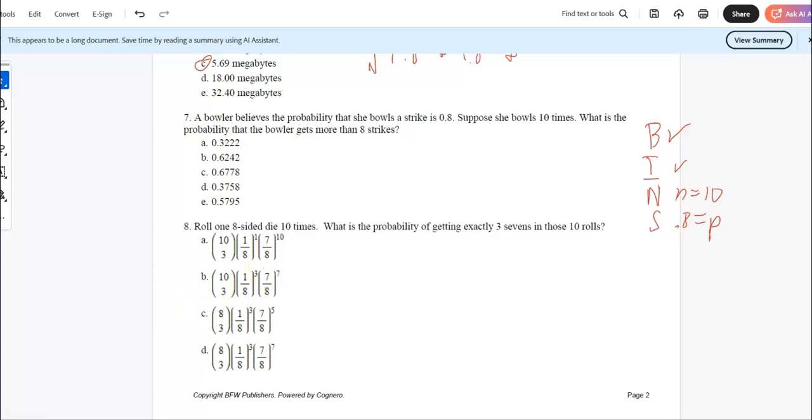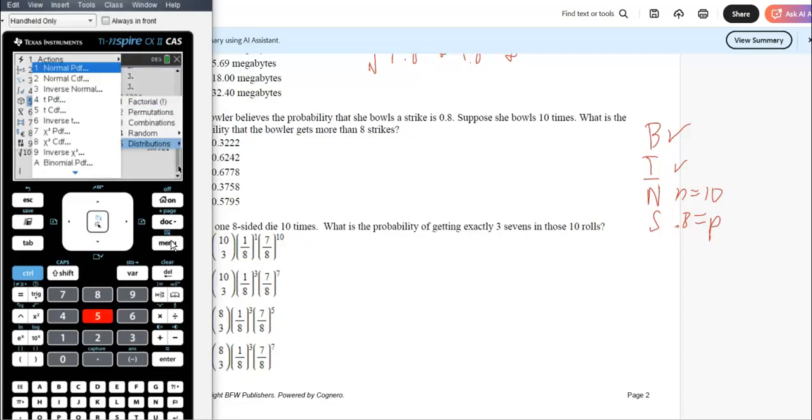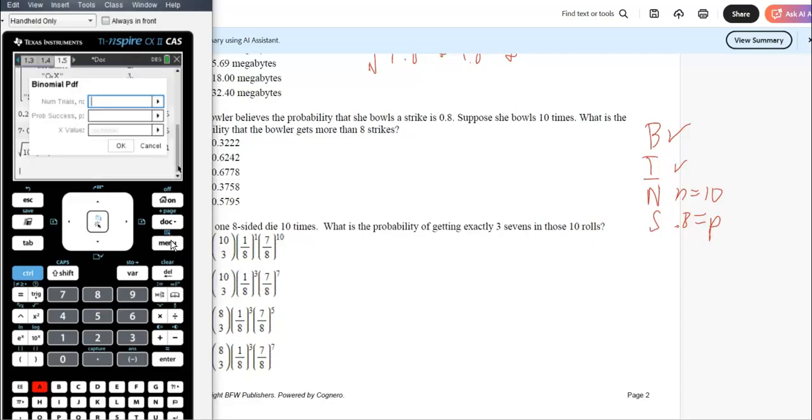So I'm going to get out my calculator. This is going to be binomial PDF, so menu 5 5A. So number of trials is 10. Probability of success is 0.8. Oh, wait, more than 8. I didn't do what x is.